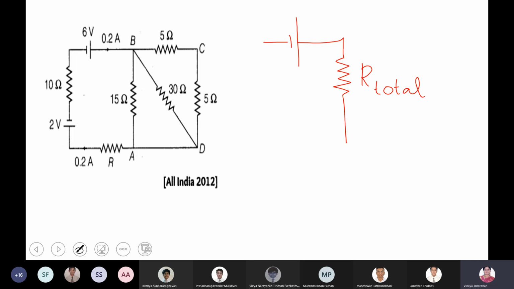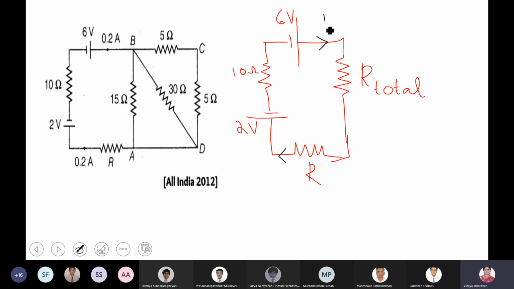Then I have the 10 ohm, then 2 volt, then a resistor R. Now the question is, you have to find the value of R. The value of the current I is given as 0.2 ampere. This value is given.